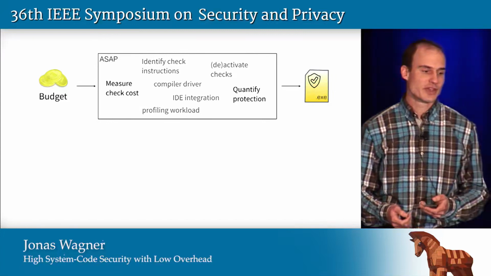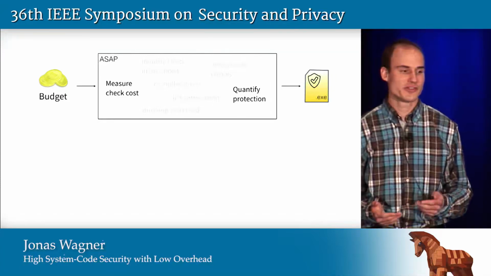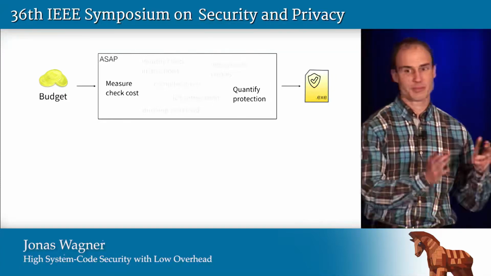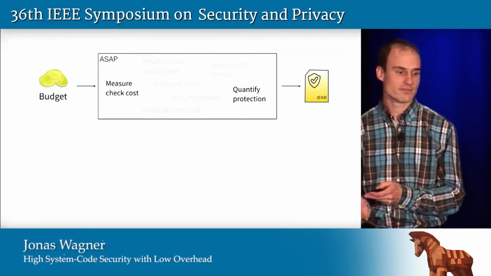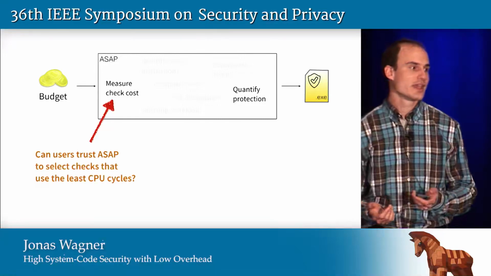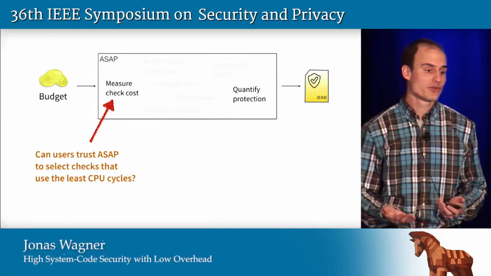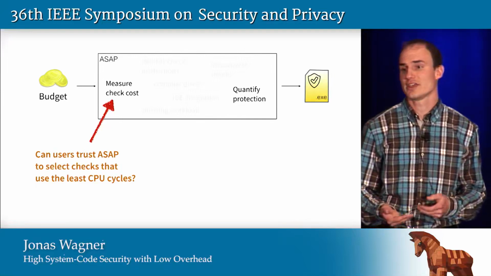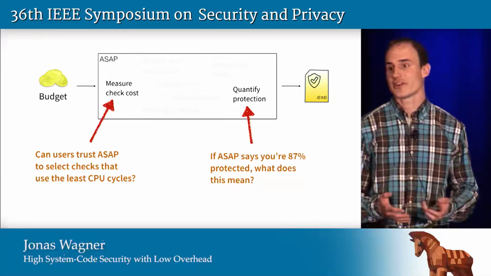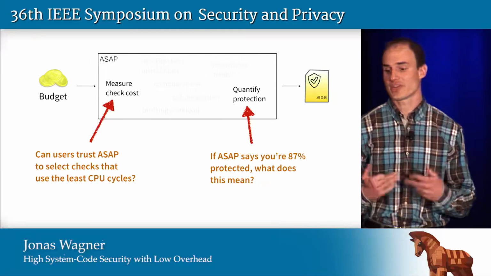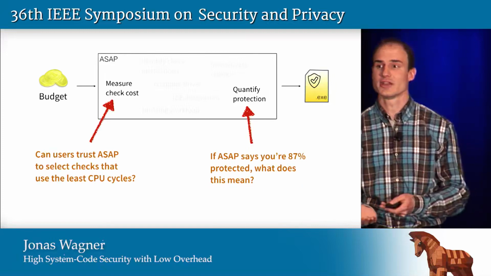I'm going to just focus on two of the points here, namely how ASAP measures the cost of checks and how it quantifies protection. In other words, can users trust ASAP to really select the checks that consume the least amount of CPU cycles? And also, if ASAP gives you a certain protection level, what does this really mean?